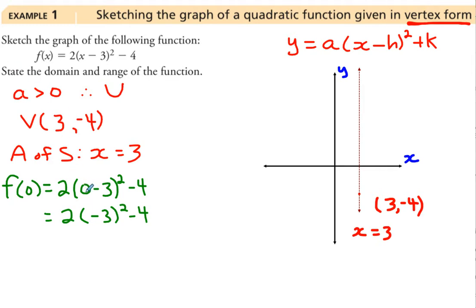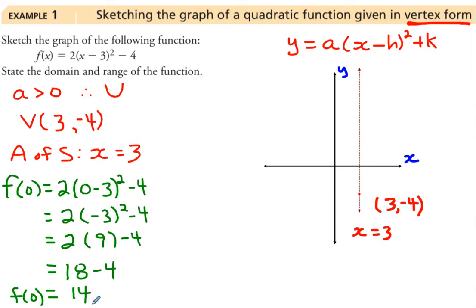So when we do that, we get 0 subtract 3 is negative 3. Then when we square that, we'll get 9. And then that 9 gets multiplied by the 2, and then we subtract 4 from that to get 14. So when x equals 0, the function equals 14. So that means our y-intercept is 14.